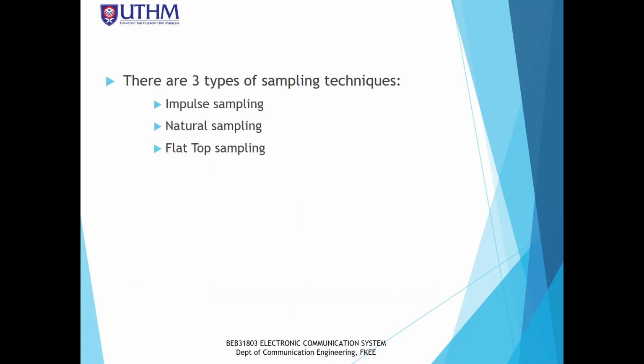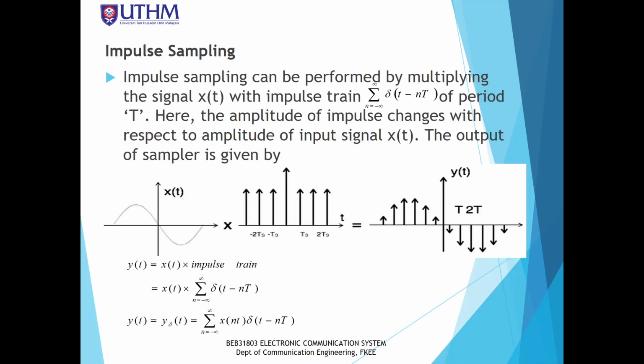So how to do the sampling? There are three methods. The first is impulse sampling, then natural sampling, and then flat top sampling. For impulse sampling, when we do sampling, we are actually doing a multiplication in the time domain. We multiply two input signals in the time domain to produce the sample output.